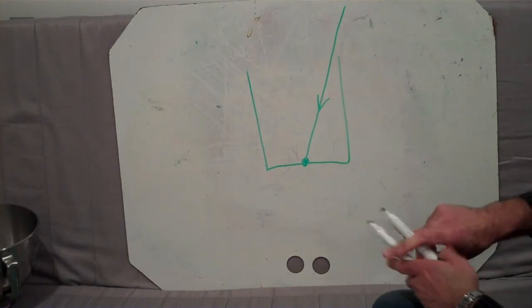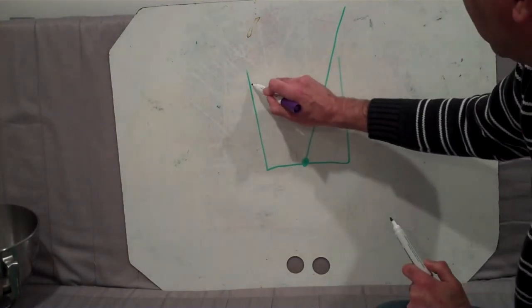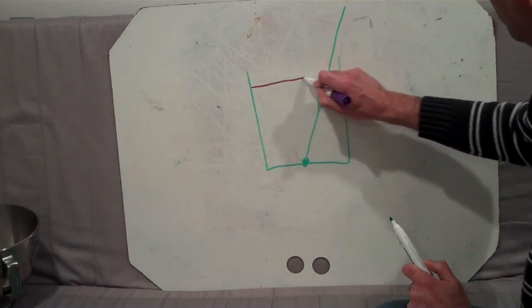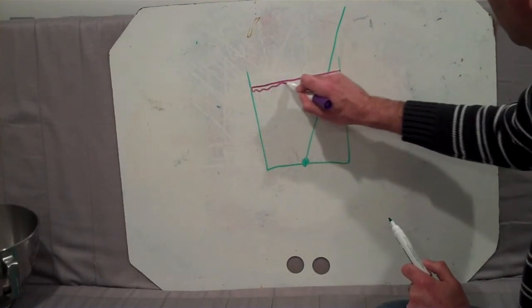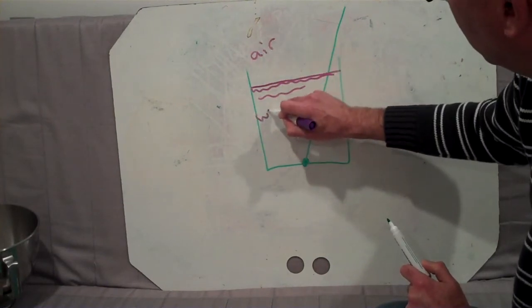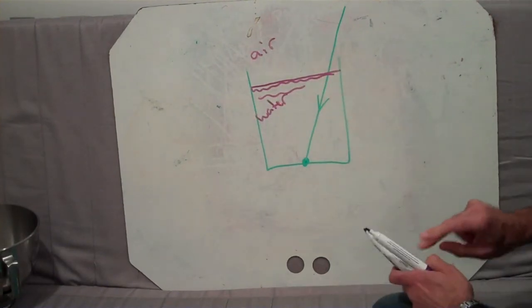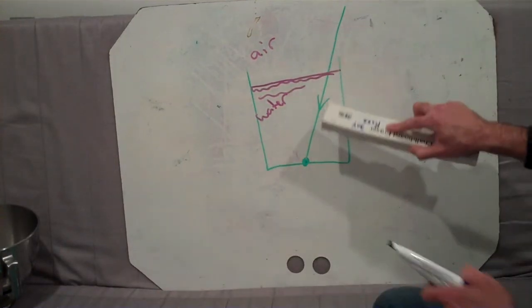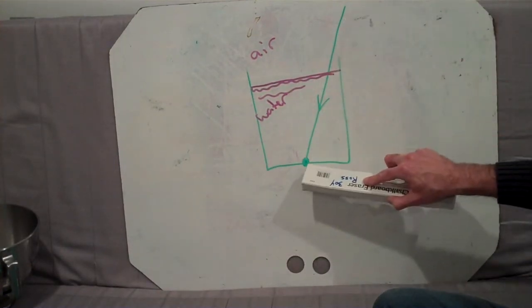Okay, we then filled up the beaker with water. This is all water over here, air, water. And we saw that the ray no longer hit the center of the beaker.